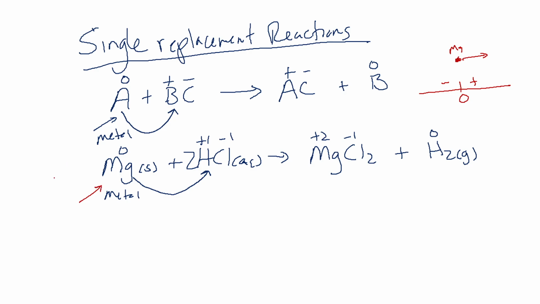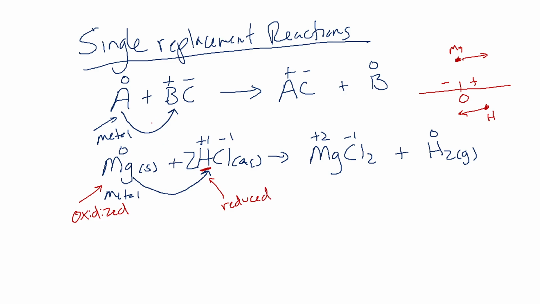Maybe no surprise here, magnesium is being oxidized. When we look over here, it is actually the hydrogen that's doing something. The hydrogen is starting at +1 and ending at 0 on the right hand side. It's becoming more negative. The hydrogen here is actually being reduced.